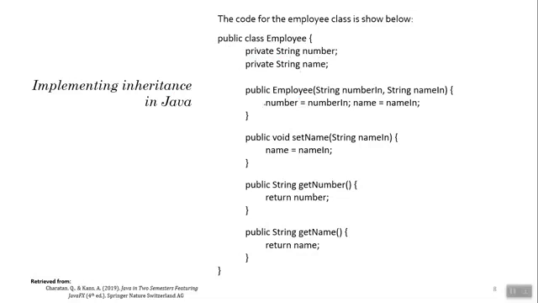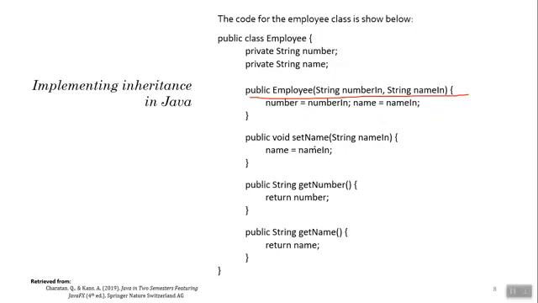This is the constructor, with the same name as our class, and then String numberIn and nameIn. Then number is equal to numberIn, and name is equal to nameIn.